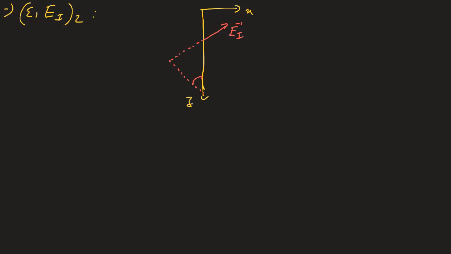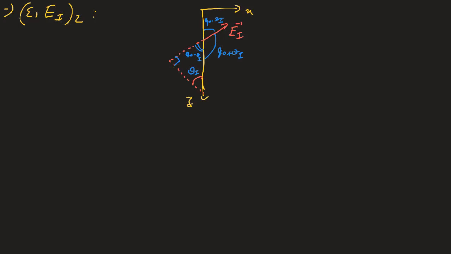This angle is theta incident, this angle is 90, this angle here is 90 minus theta incident, and this angle is 90 plus theta incident, and as a result this angle is 90 minus theta incident. Now what we're interested in is the z component. So the z component is the cosine of this angle.